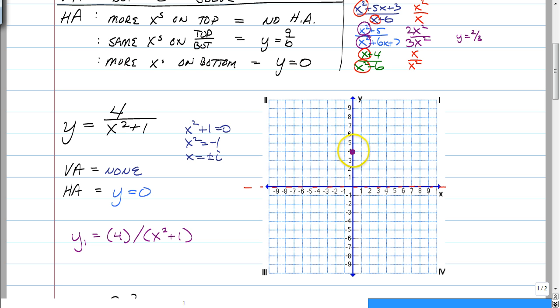Remember to look at second graph, the table, and see if you can find some nice points that would work out good. And then you just copy some of the nice points, and whatever else you have, just kind of sketch it. Try to hit those nice points so at least your graph looks fairly accurate. All right, there you go. That's what that graph looks like. You have your horizontal asymptote. There are no vertical asymptotes, so you're good to go.